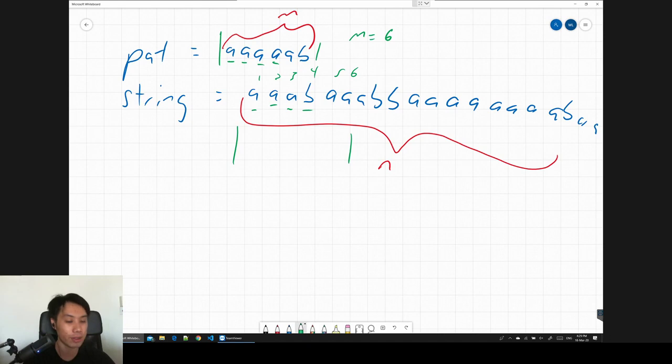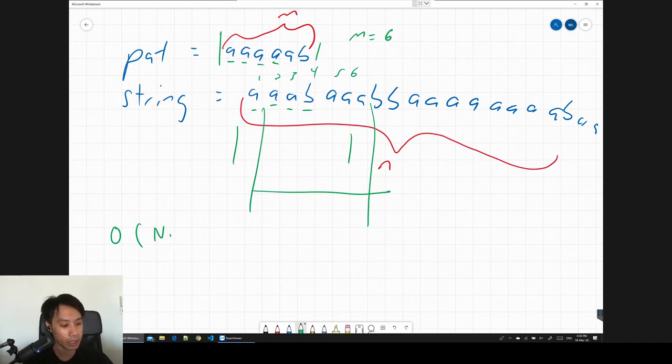Once you reach a character where there is a mismatch, you know it's not your pattern, so you perform a shift by 1 and perform the same comparison operation again, which is relatively expensive. From the mindset of complexity, you need to compare all of the characters in the string, and then you have an additional number of comparisons when you're comparing your patterns.